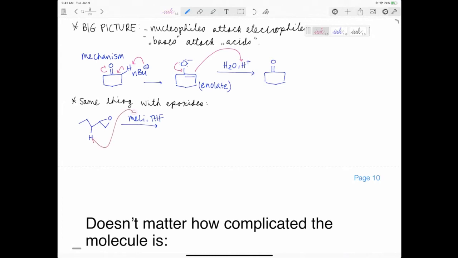Methyl is going to come in, grab this, and then form a double bond here, right? And then it will open up the epoxide. So what you get is this right here, and then the double bond across right here.